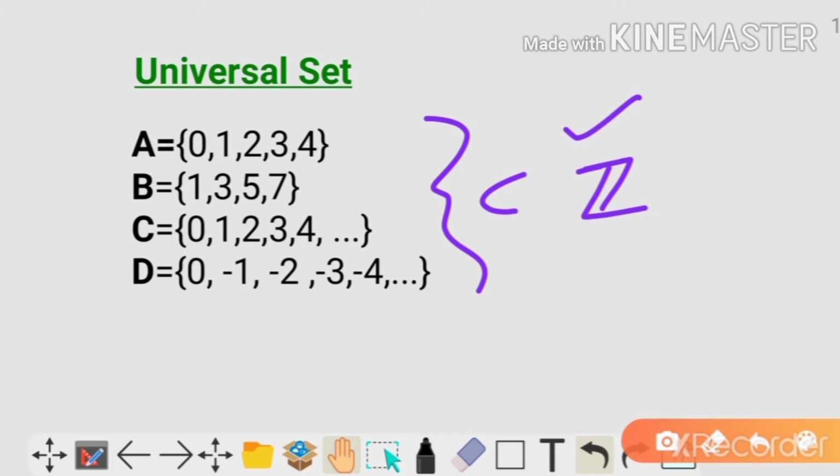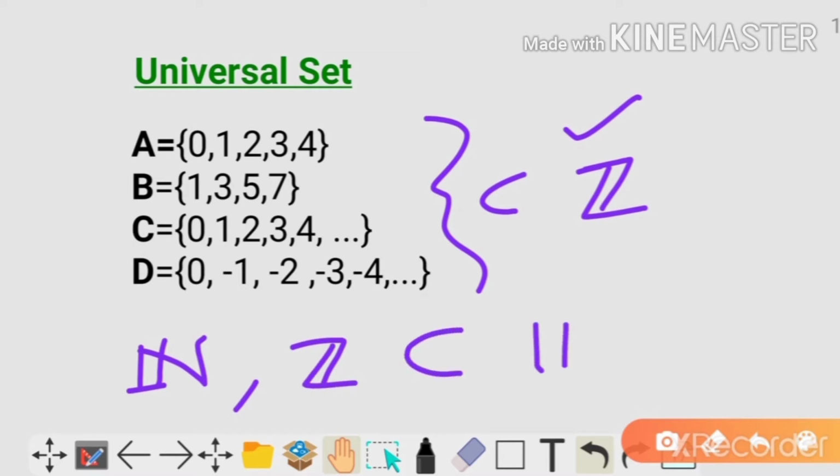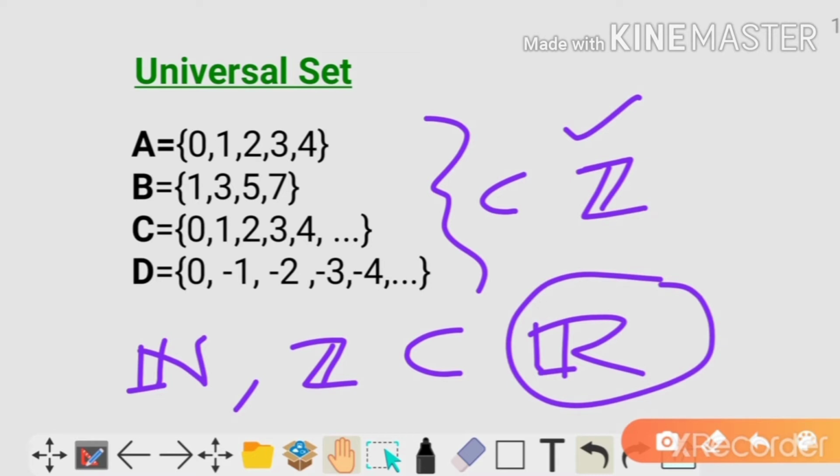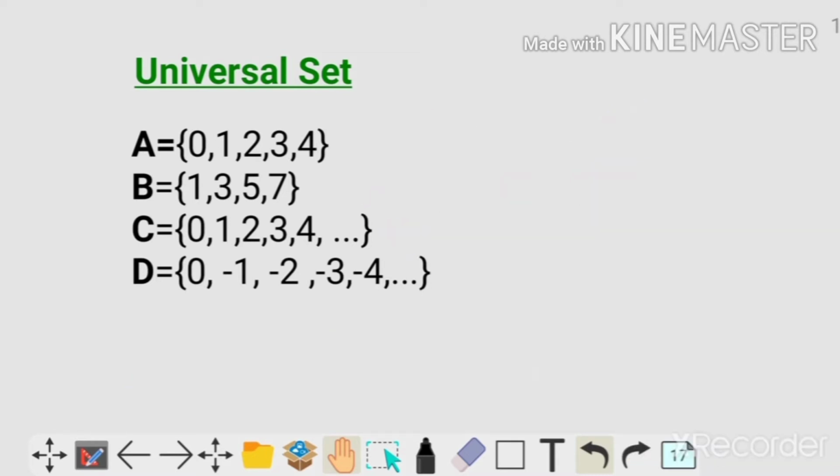But if I talk about the set of natural numbers, which is N, and the set of integers, all of them are subsets of the set of real numbers, which is denoted by R. So here R is also the universal set for all of them. Now there is no particular set which is called the universal set.